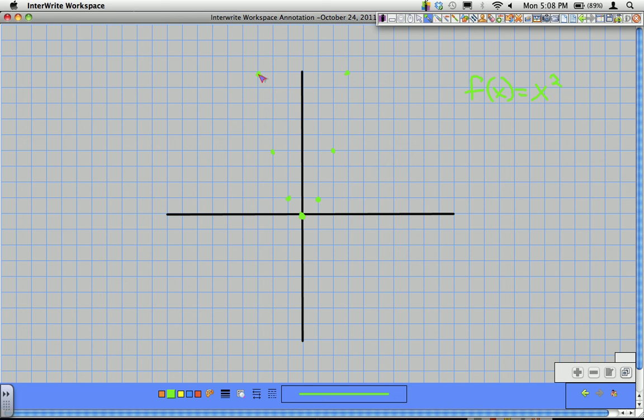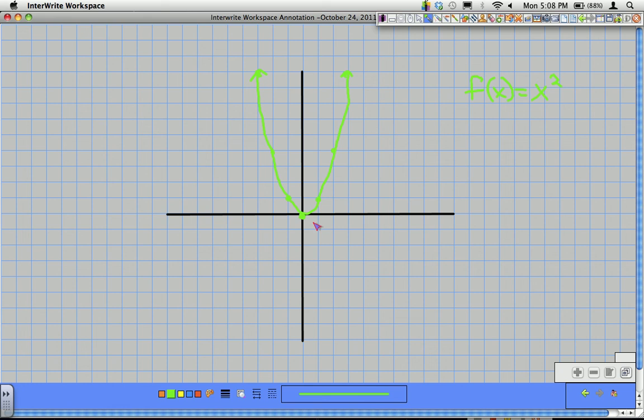And again, where do those points come from? Plug in your x, square it, get out your f of x or your y. So 1 squared, 2 squared is 4, 3 squared is 9, and so on. So we'll end up getting our shape that's going to curve this way, and then it's also going to work its way up on the other side of the graph. So there's our parabola for our parent function.